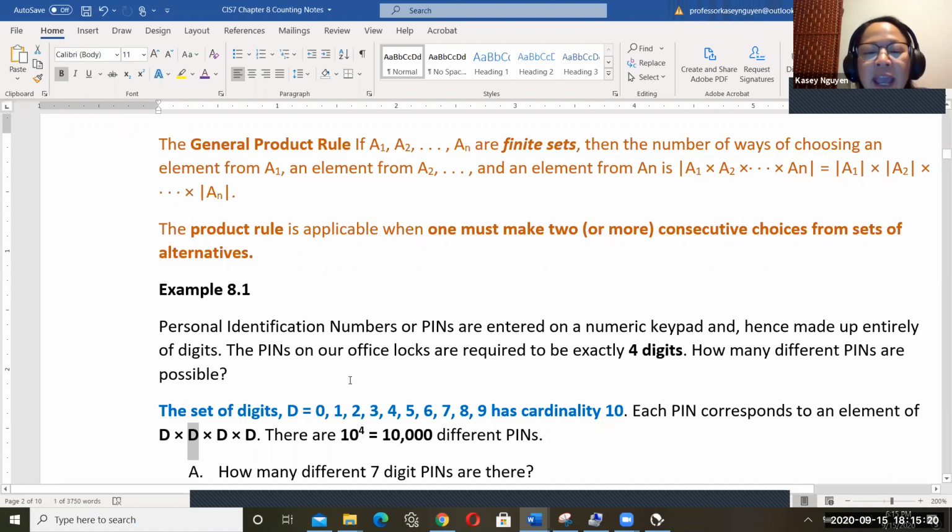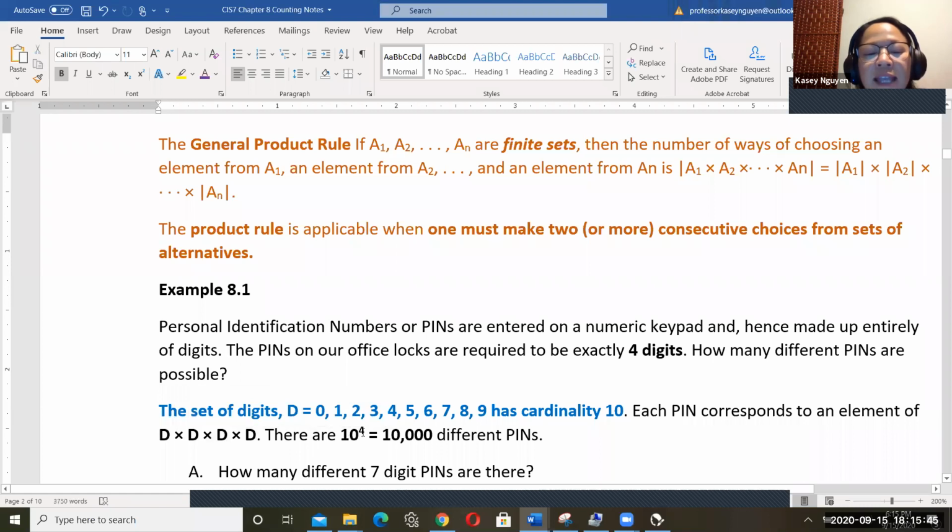When you are able to repeat or reselect the numbers, so the cardinality stays the same in the set for every single digit, then you simply take the cardinality, which is 10, and you multiply it by the cardinality again, and then the cardinality again.